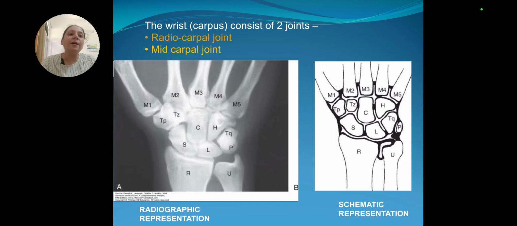So the three important carpal bones which play a crucial role in the wrist complex are the scaphoid, the lunate and the capitate, because the capitate is the carpal bone on which the motion takes place, whereas the scaphoid and lunate take part in the arthromechanics of the joint.